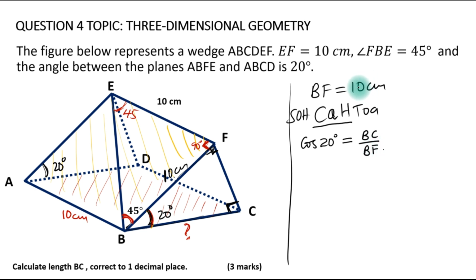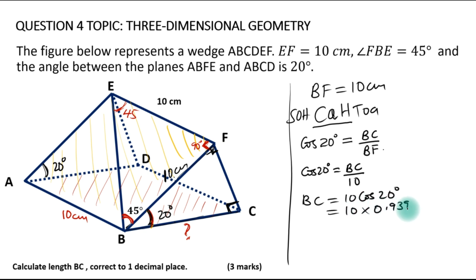And BF, we know it is 10 already. So cosine 20 degrees is equal to BC over 10. Therefore, BC will be equal to 10 cosine 20 degrees. Using calculator, cosine 20 is 0.9397.